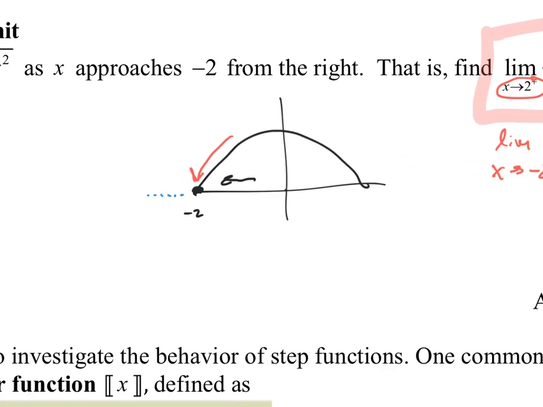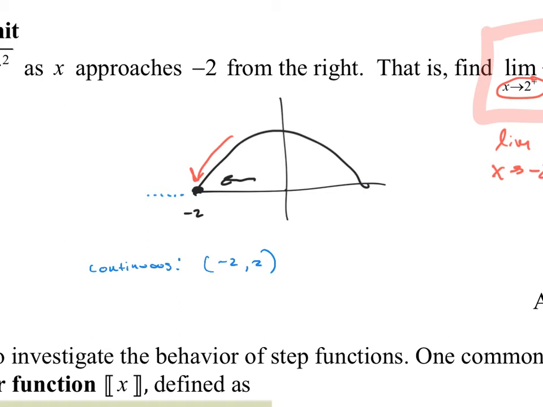Why do we really care about this? Well, let's go back to this graph right here. If I said, where is this graph continuous? Well, certainly its domain is negative 2 to 2, so you could certainly say that it's continuous on the interval negative 2 to 2 with parentheses without a doubt. But the question then becomes, could you use brackets? It depends on the textbook, and it depends on the one-sided limit.